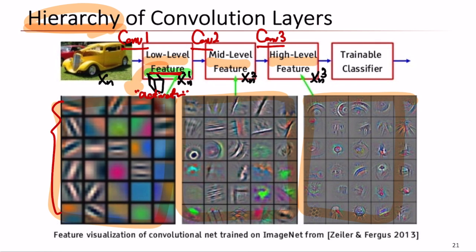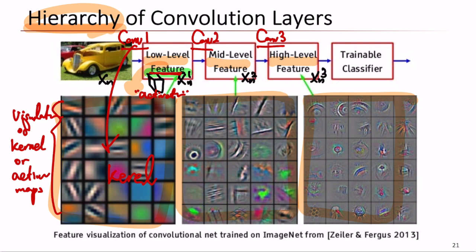This is the visualization of the kernel itself. This is actually the kernel itself, and this is the activation map given this one.